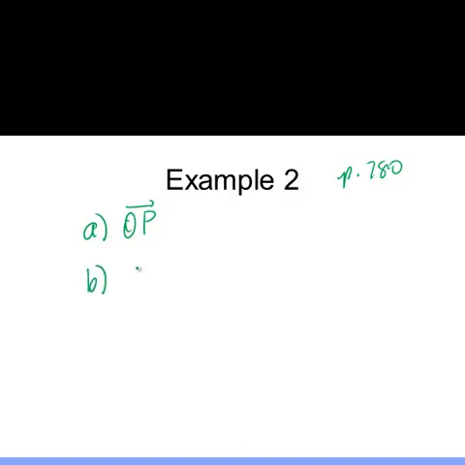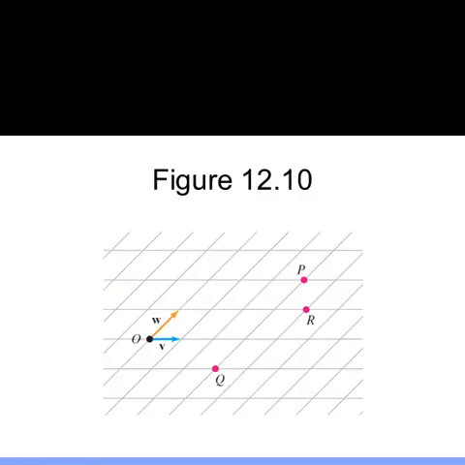Part B, OQ, and part C, QR. All right, so we're going to find these three vectors in terms of vector v and vector w. All right, so let's take a look here.